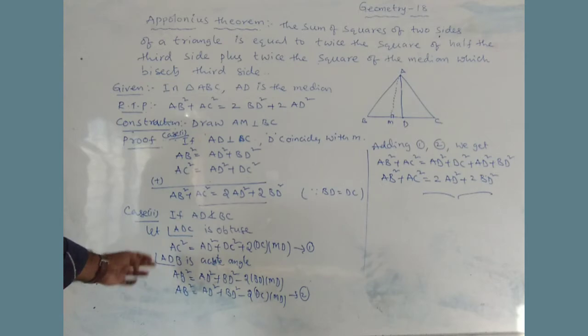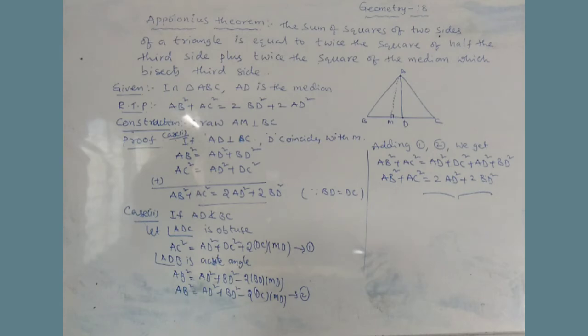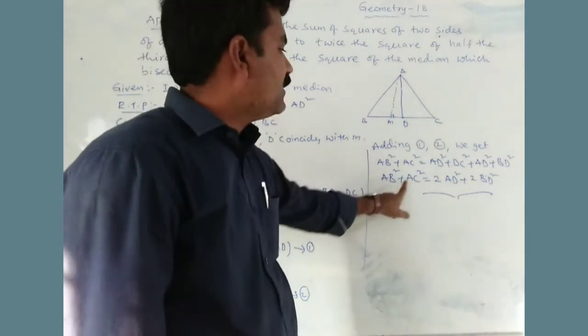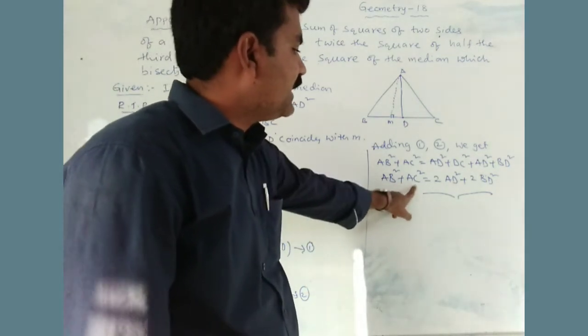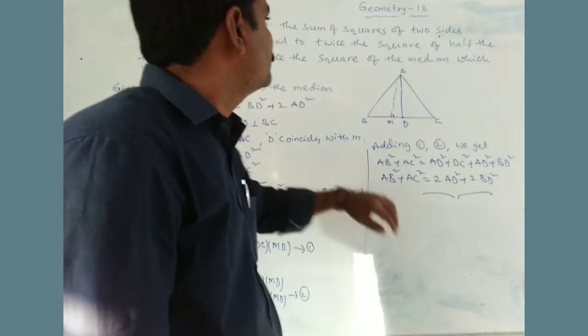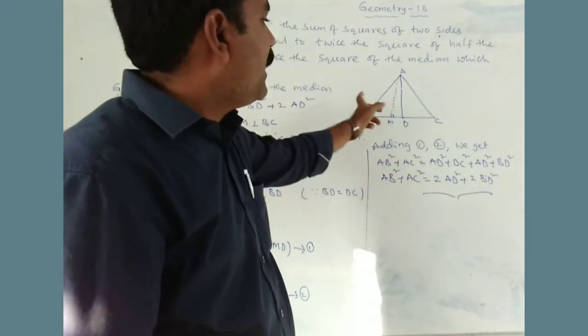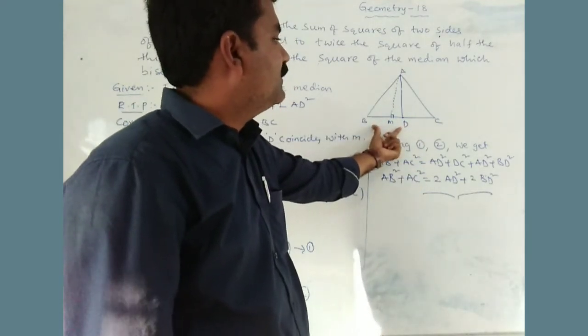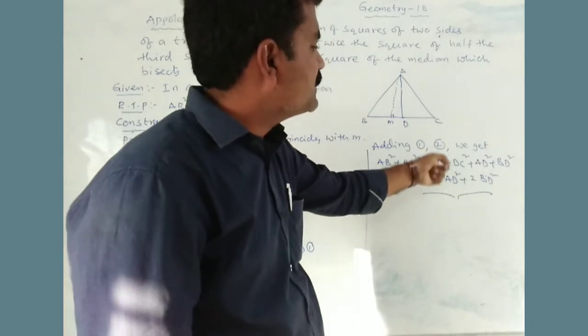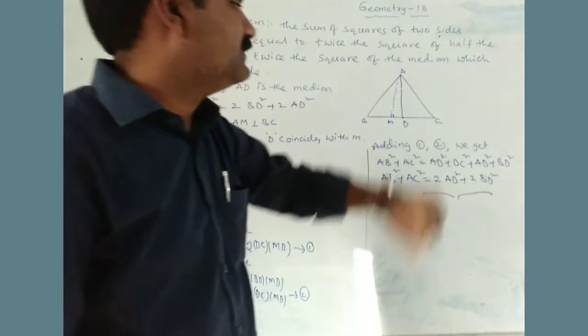By adding these two, we get AB square plus AC square is equal to 2 into AD square plus 2 into BD square. And as per the theorem, the sum of the squares of the two sides of a triangle is equal to twice the square of half of the third side plus twice the square of the median.